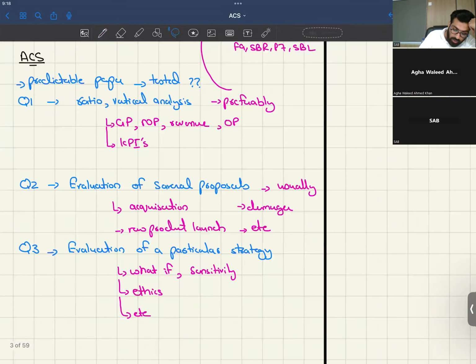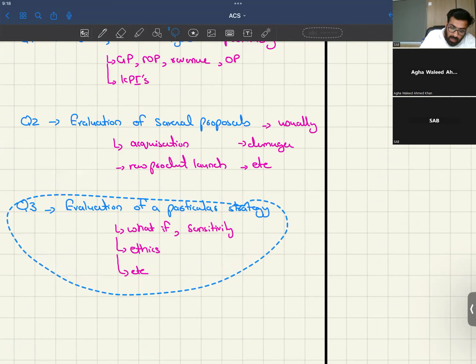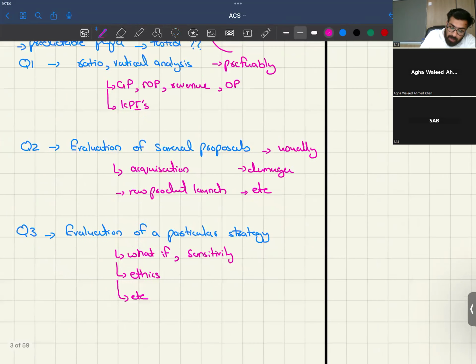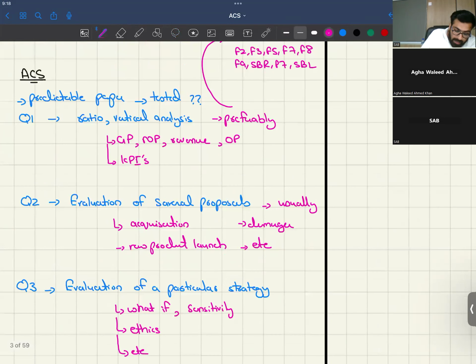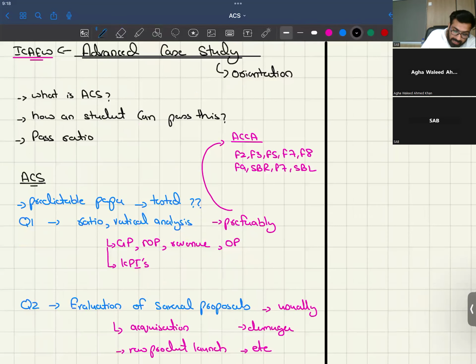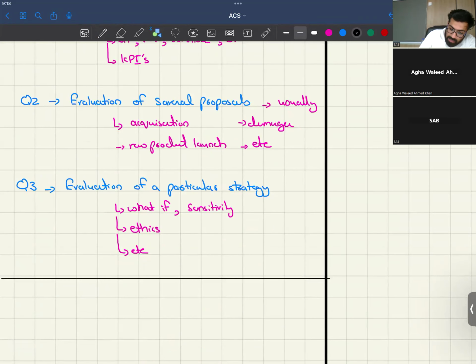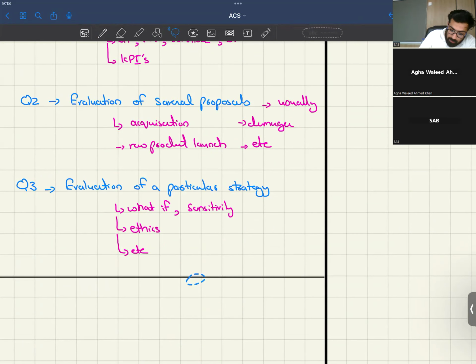Now again, a question comes, sir, this paper seems to be an easy one. Why exactly does a student fail this exam? If this is that easy, then why is this paper being failed?